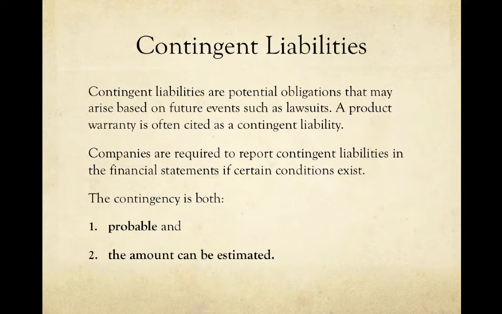Now, companies are required to report contingent liabilities in the financial statements if certain conditions exist: the contingency is both probable and the amount can be estimated. If both conditions do not exist, then the contingent liability is not reported on the balance sheet. Instead, it may be reported in the notes or completely left out.